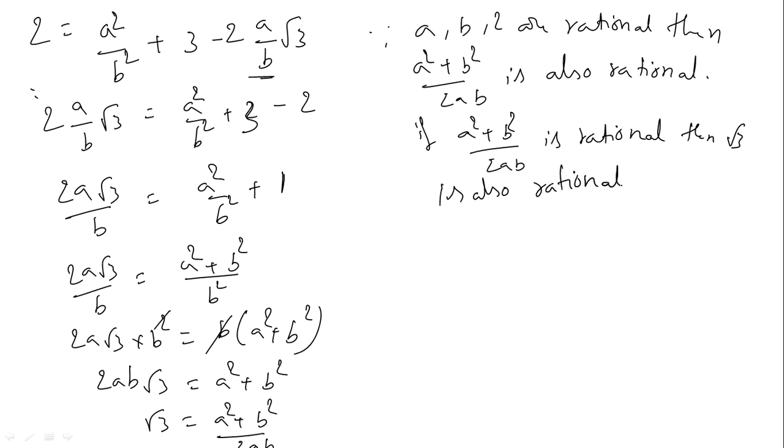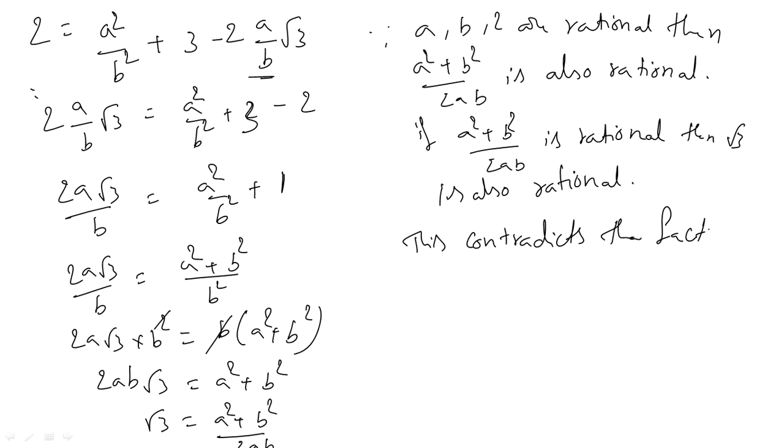But this is contradicting the fact. This contradicts the fact root 3 is irrational. So what is the fact? Root 3 is irrational. Okay.